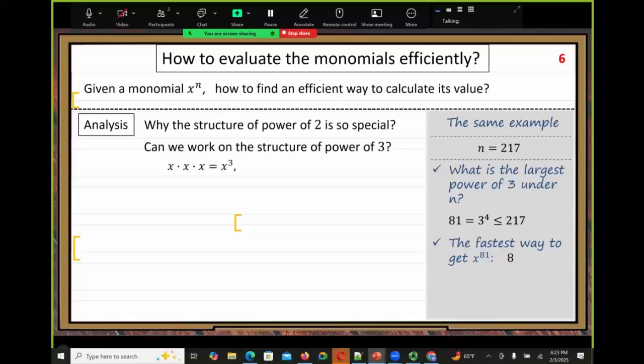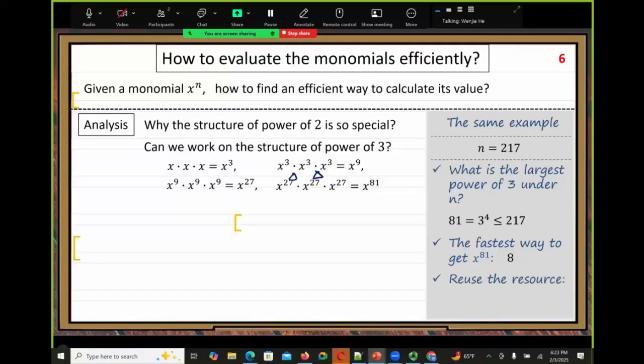Here I show you explicitly. The first cube, you need 2 dots. Next cube, another 2 dots. Every cube, you need 2 dots. So the last one, you need 8 dots.